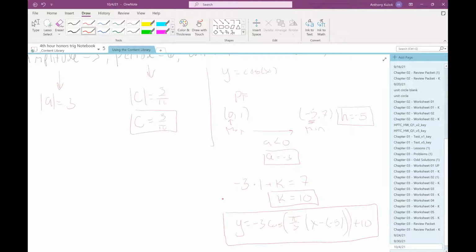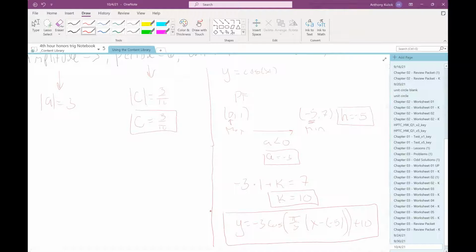Amy? So for the cosine, you always just use 0, 1? No, but it's my preference. If I have another extreme point that I can use, then I can use 0, 1. But if this was a midline point, I couldn't use 0, 1 anymore.